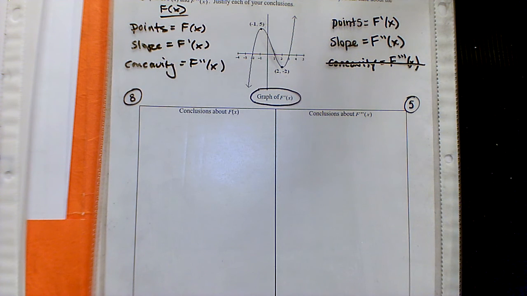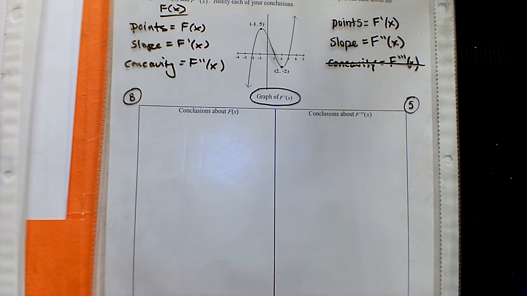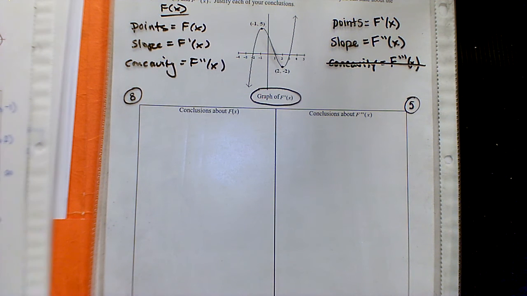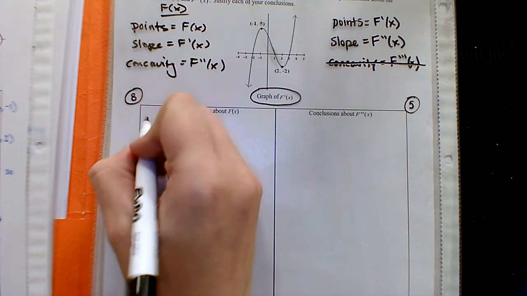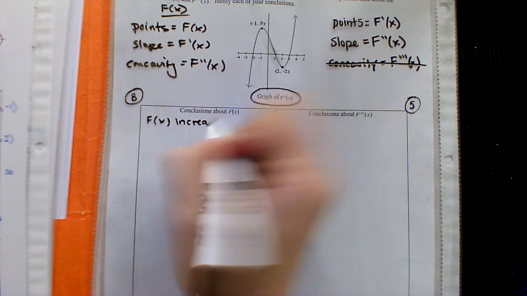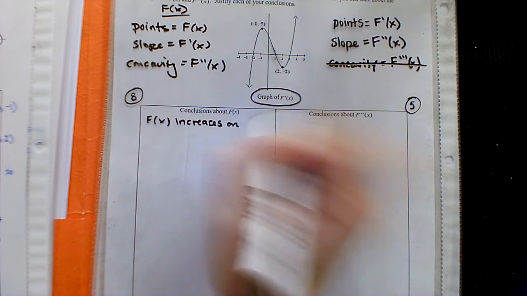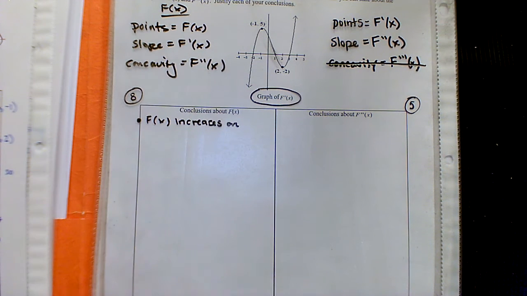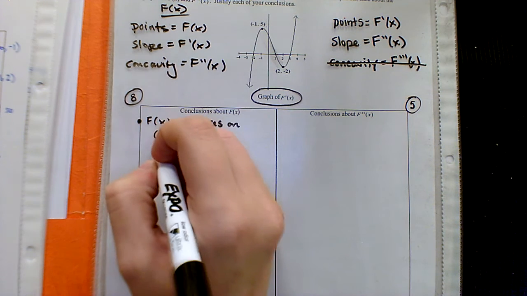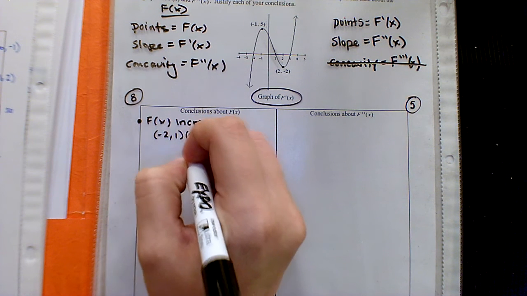What do you think, Christian? Where f of x's slope is positive, increasing. So f of x increases on what interval? From -2 to 1, and then 3 to infinity.